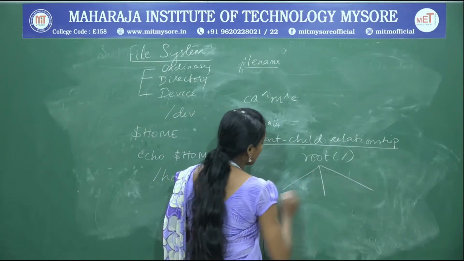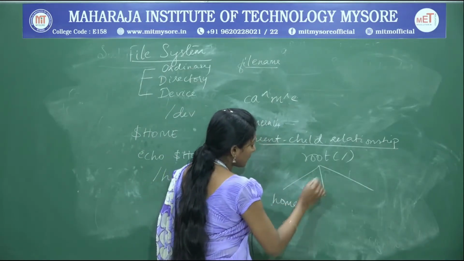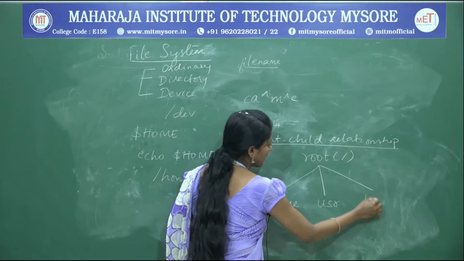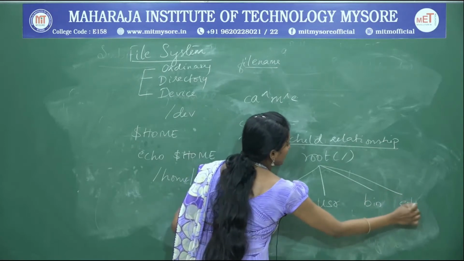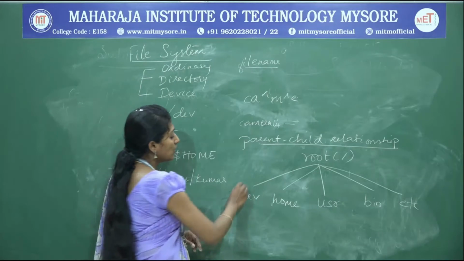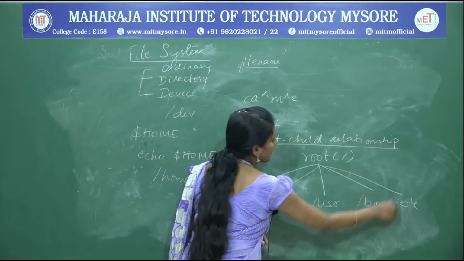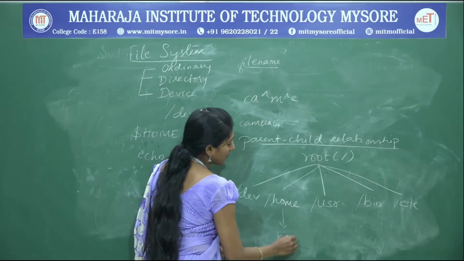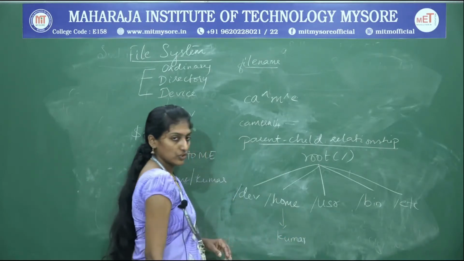Here the home directory will be placed under the root directory, likewise the user directory, bin directory, etc directory, or the device file directory. All these directories will be placed under the root. Under the home directory you can have a subdirectory or any user directory.